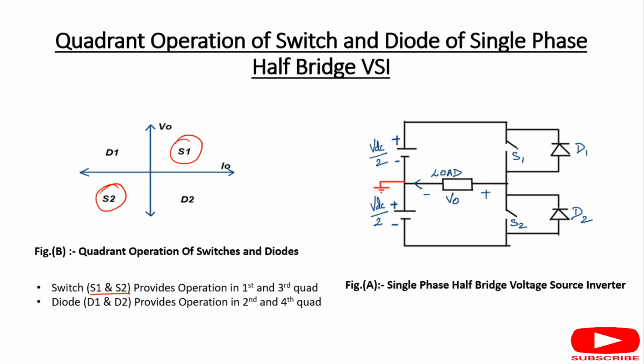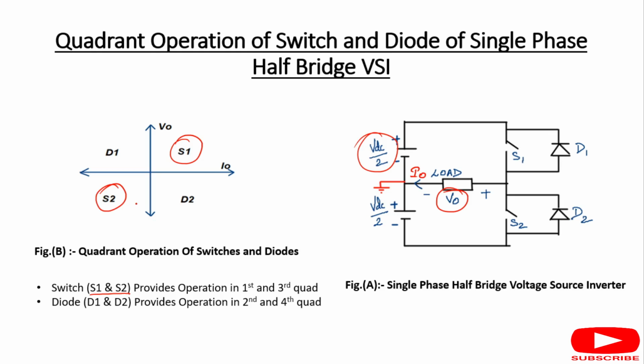because during the switching operation of S1 the polarity of the supply voltage and the polarity of the output voltage are the same. Whatever current flows from this supply voltage will flow in the same direction as the load current I0.